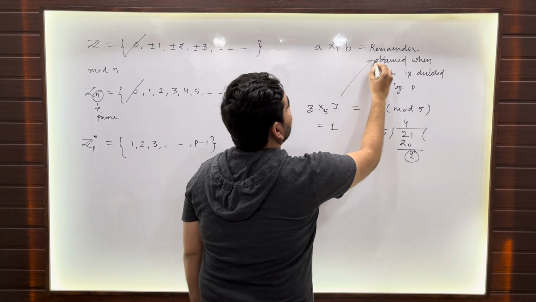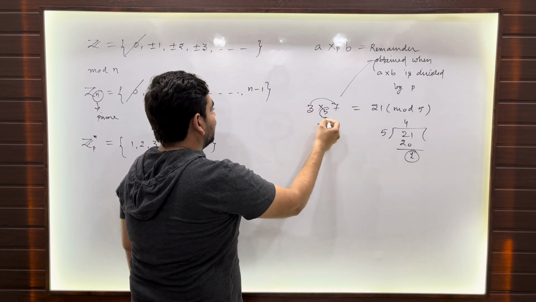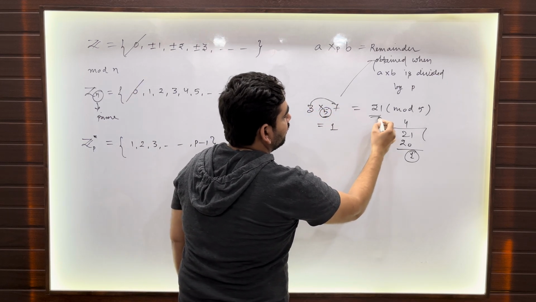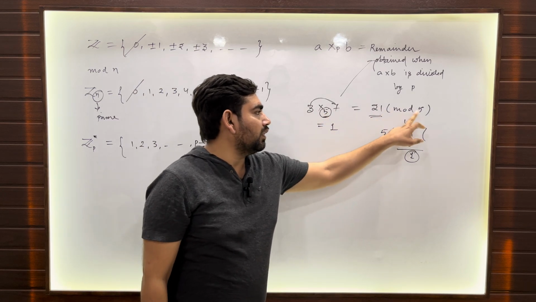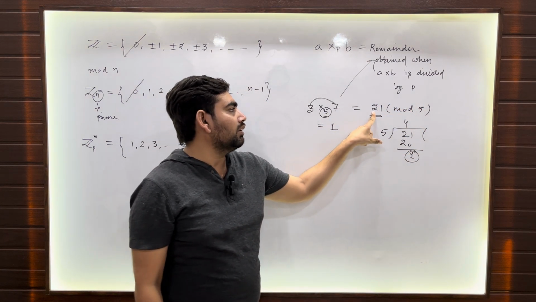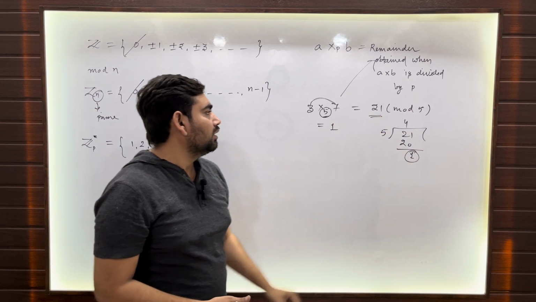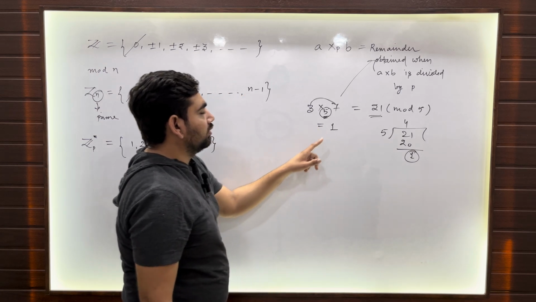So we multiplied 3 and 7, obtained 21, and reduced it using modulo 5. We divide 21 by 5, and the remainder obtained is the answer. So 3 into 7 under modulo 5 will become 1.